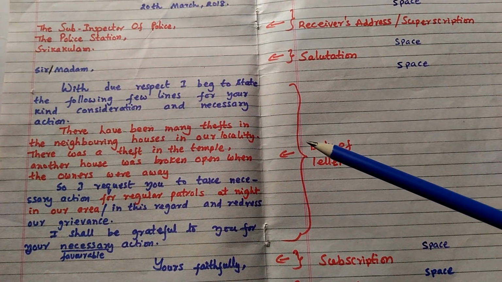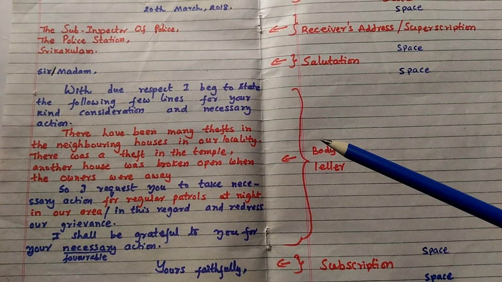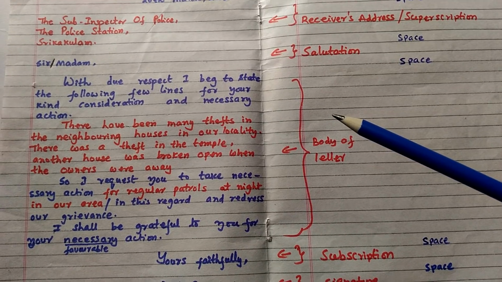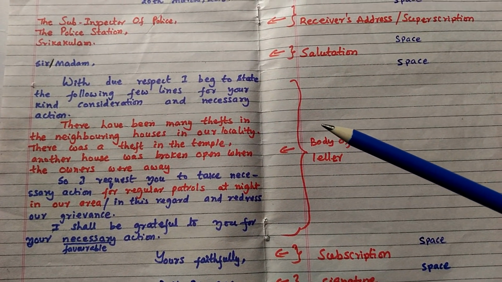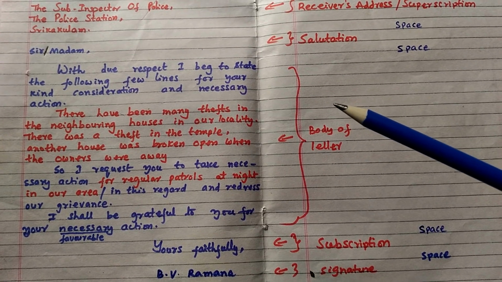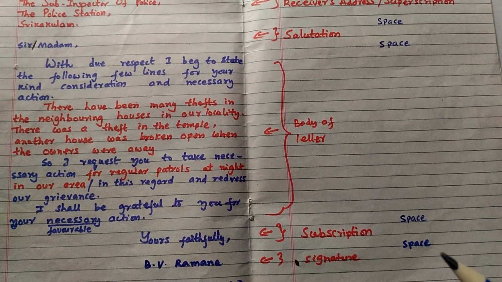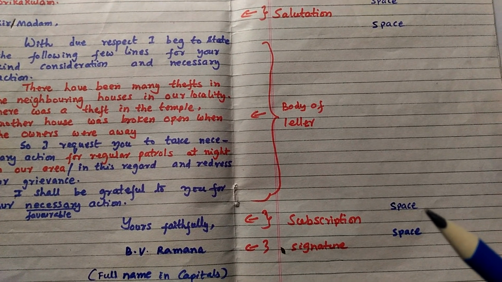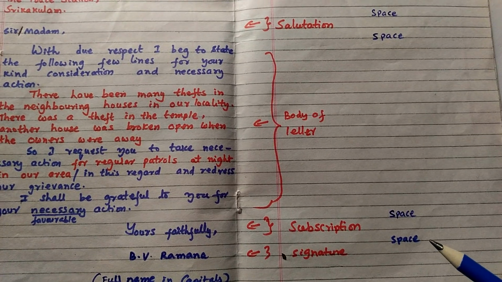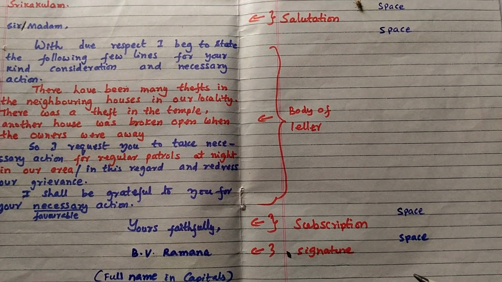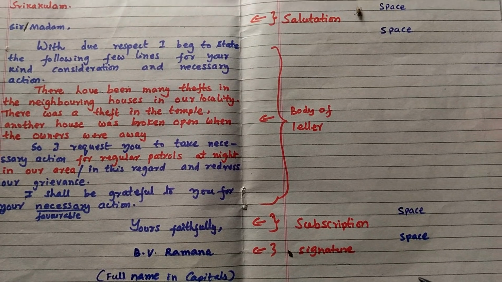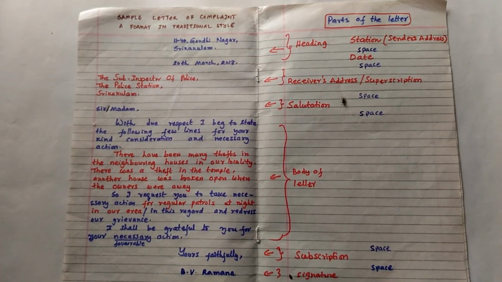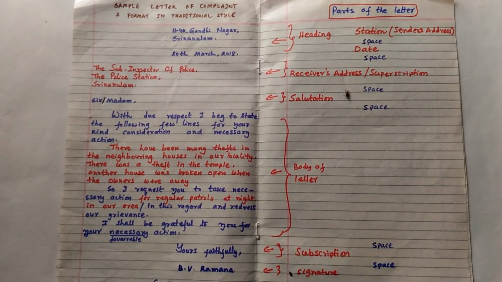For the body of the letter we need not bother much, because much of the information is already given in the question itself. We just have to copy those lines here, making some very minor changes, as you might have seen. And next, we write the subscription after giving one line space, and then give space and write the signature, below which we write the full name in capitals. This is the way we can write a sample letter of complaint.